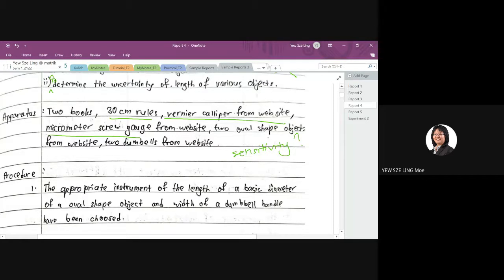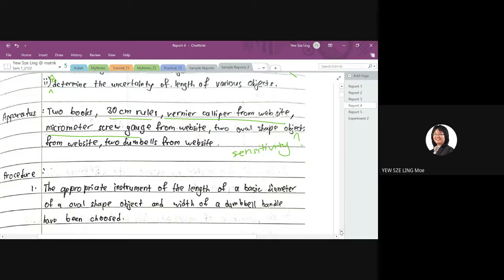Sensitivity is based on the smaller scale. Uncertainty is when you already record something, but it is not an accurate value, due to human limitations and limitations of the tools. So you are uncertain, and you give the reader a range. That we call uncertainty.